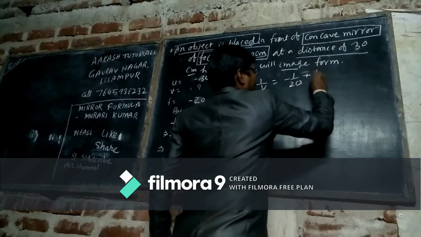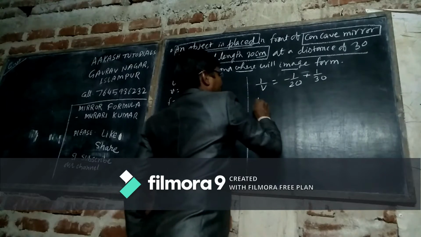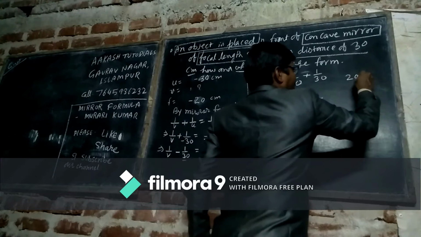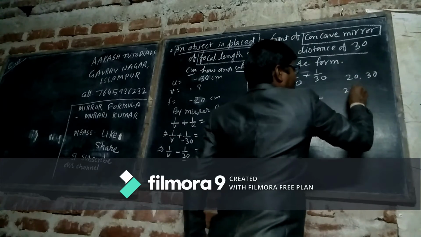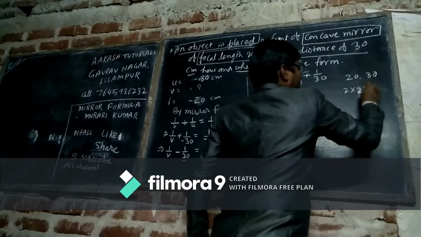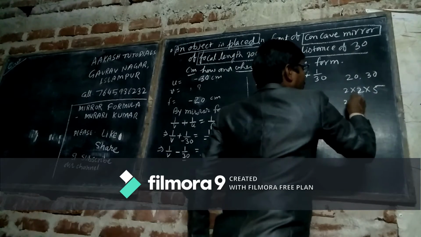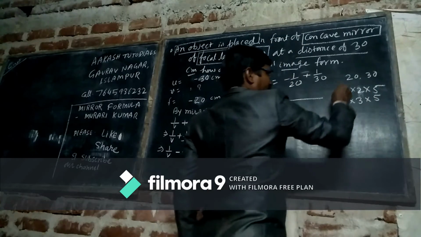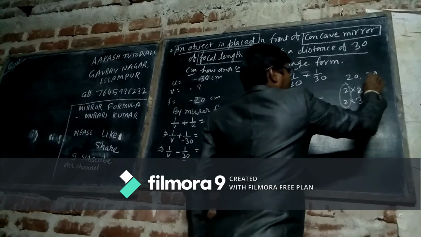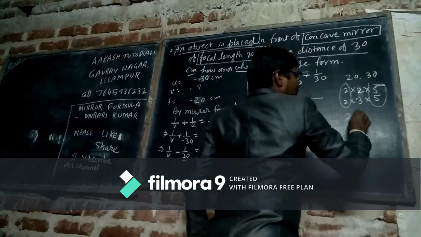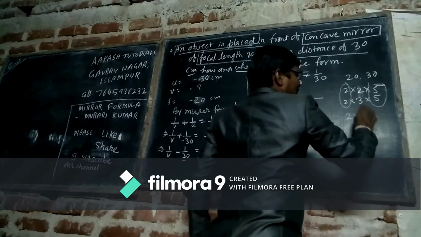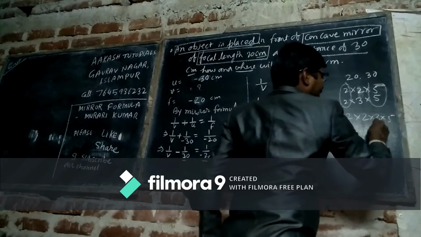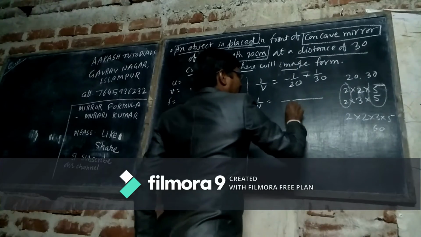That is, 1 upon v is equal to... LCM of 20 and 30. By factorizing: 20 is 2 times 2 is 4, times 5 is 20. 30 is 2 times 3 is 6, times 5 is 30. 2 common, 5 common. LCM is 2 multiplied by 2, multiplied by 3, and multiplied by the common term 5: 2 times 2 is 4, times 3 is 12, times 5 is 60. So the LCM is 60.